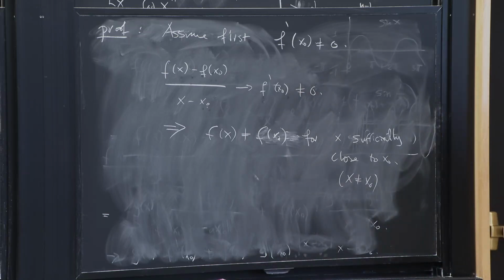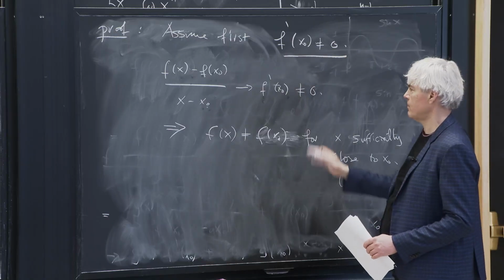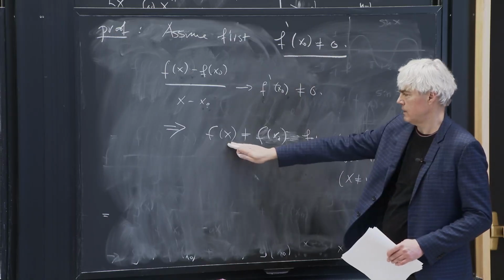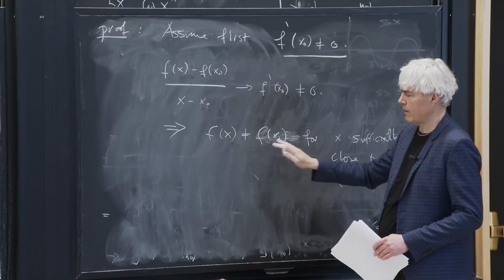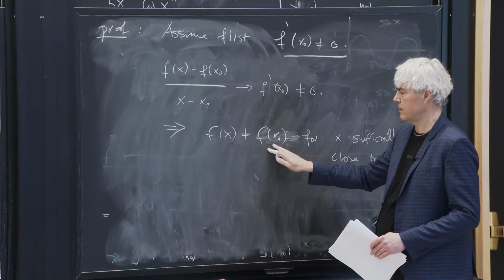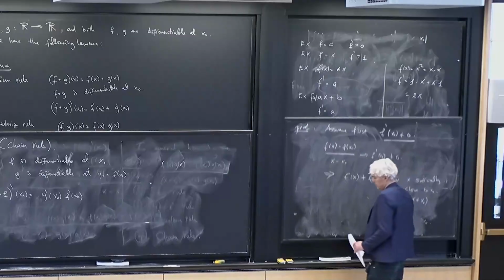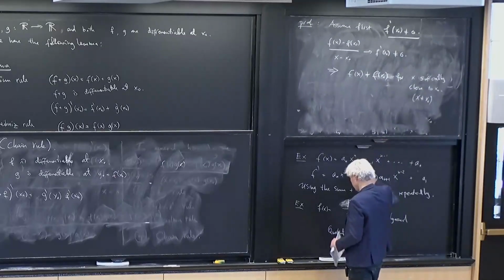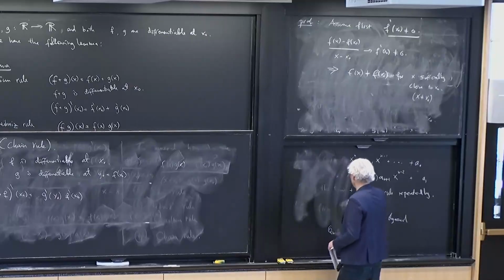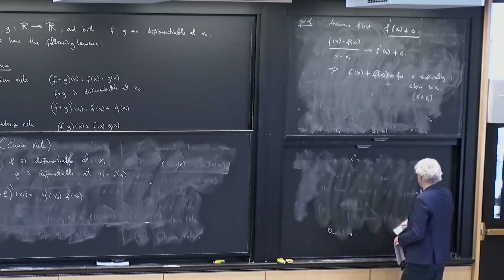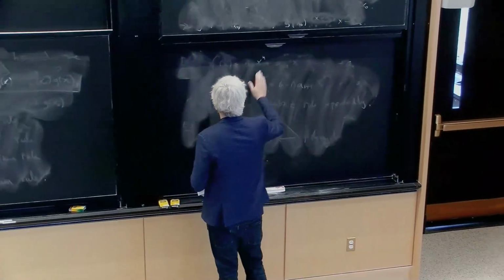So I'm going to first make this assumption. And if I make this assumption, what I get out of it is that this thing here is not equal to that. Why is this useful? Because now I can look at this difference and I can divide by it. Just to make things a little bit clearer, I have my function.